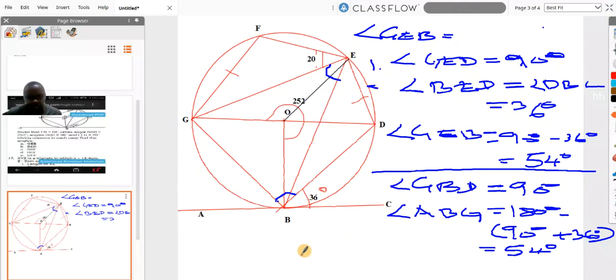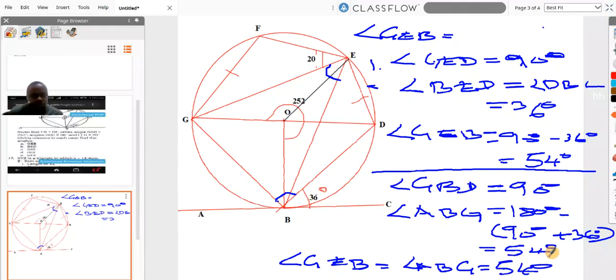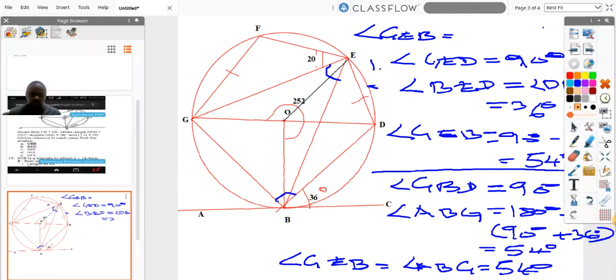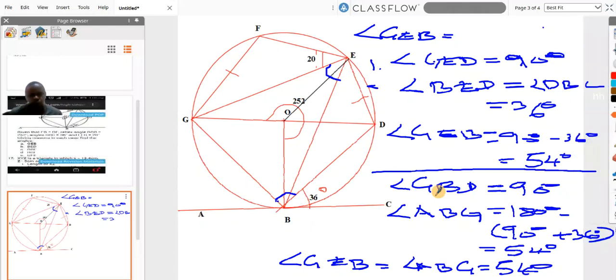So angle GEB is equal to angle ABG, which is equal to 54 degrees. The reason is that the angle subtended by the chord in the alternate segment is equal. So that one is for question A.